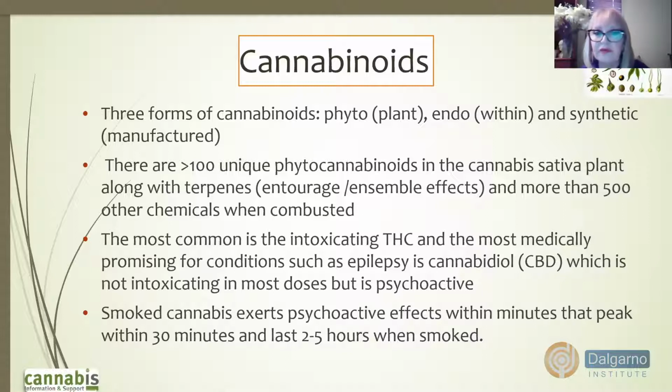Just at the broadest level, there are three forms of cannabinoids: the plant-based ones, the phytocannabinoids, the ones that our own body produces, which are known as endogenous cannabinoids, and finally, the group that received a lot of attention a few years ago across the world were the ever-multiplying synthetic cannabinoids.